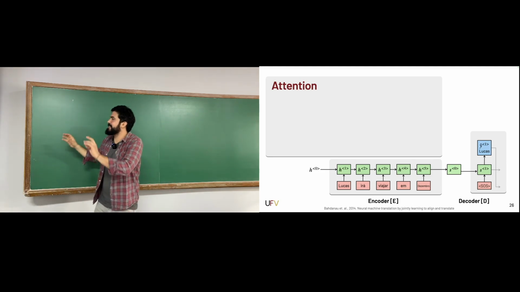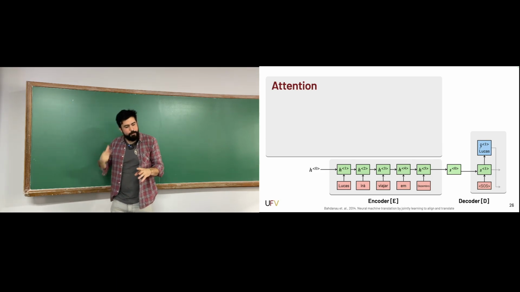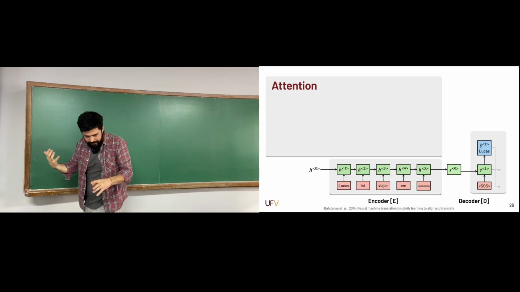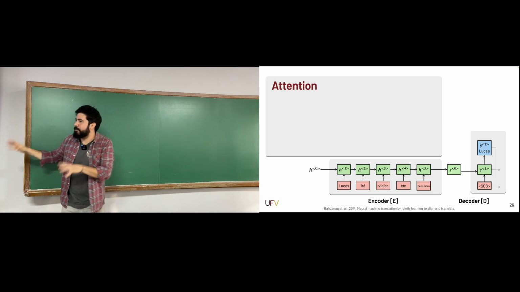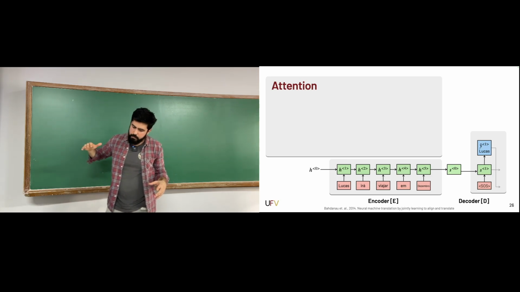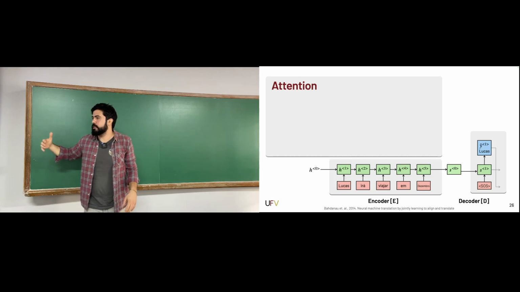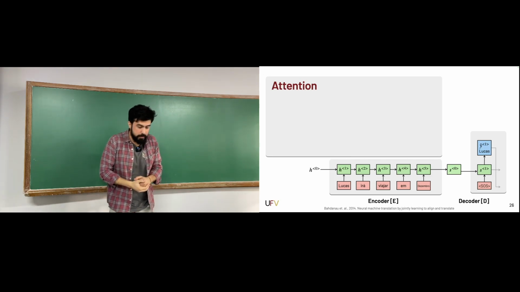So bear with me, this is not a very intuitive idea in the beginning, but the more you see it, the more it makes sense. And it turns out it's perhaps one of the most important ideas in deep learning these days, because it enabled the transformers, which enabled a bunch of different things like ChatGPT and so on.